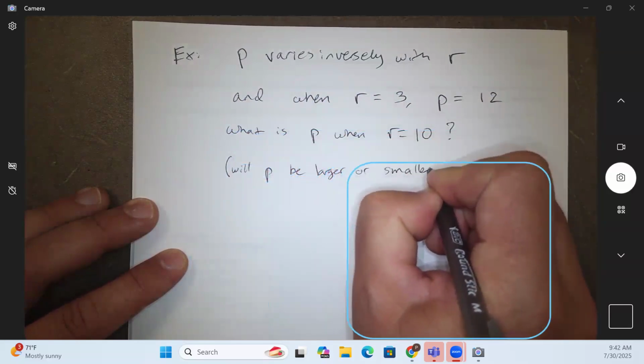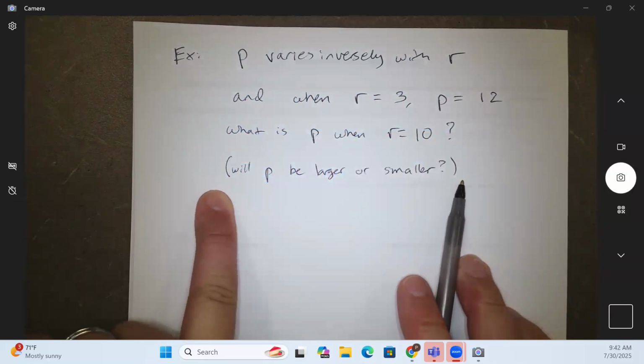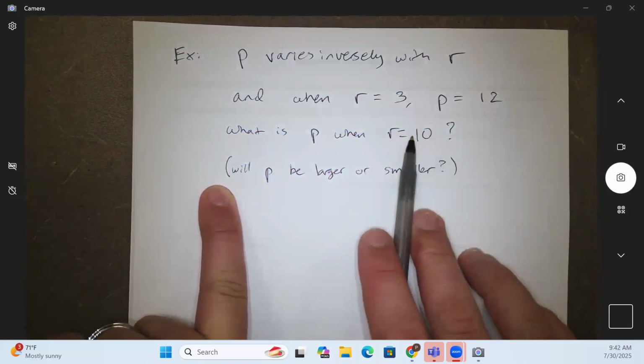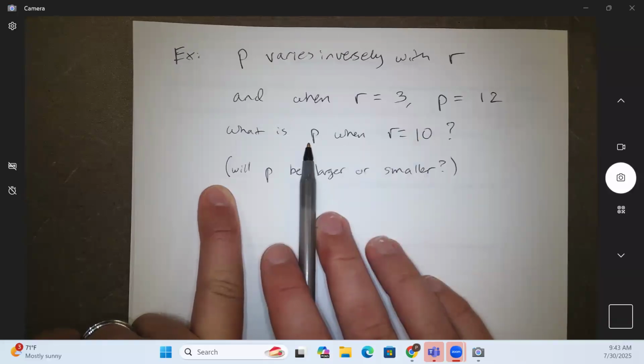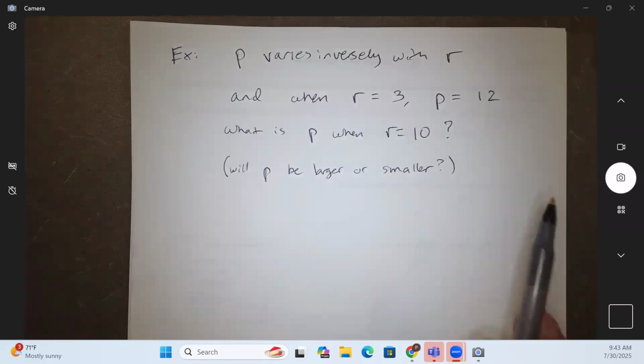First question, I want you to not answer this out loud, but I want you to write down an answer on your page so you can check it later. Make a guess. If R goes up to 10, is P going to be larger or smaller? Write down the word larger or smaller, whichever you think it is. But don't tell me, don't tell anybody else.